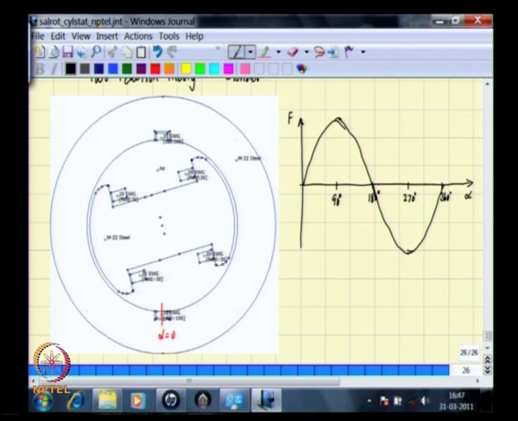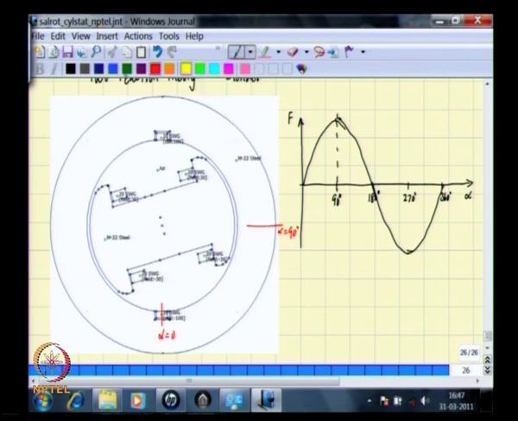Note that it reaches a peak at alpha equal to 90 degrees. So this is the axis of the stator winding, the stator coil axis.